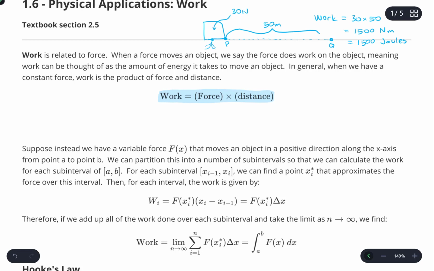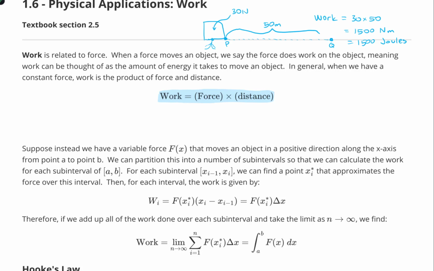As that leaks out, the weight of the box is going to decrease, and so it's going to be easier to move. So there might be a variable amount of force necessary to move it. That is something that we can measure using approximations.